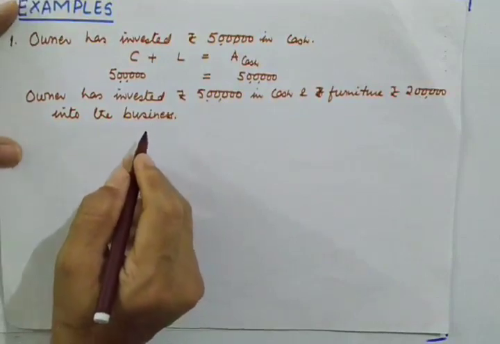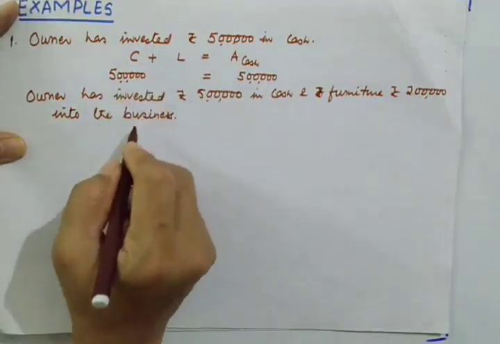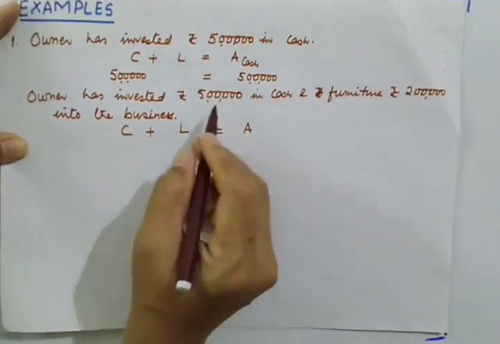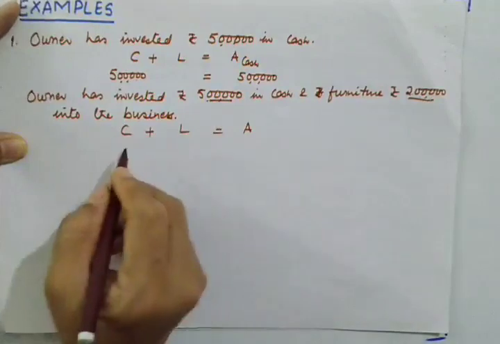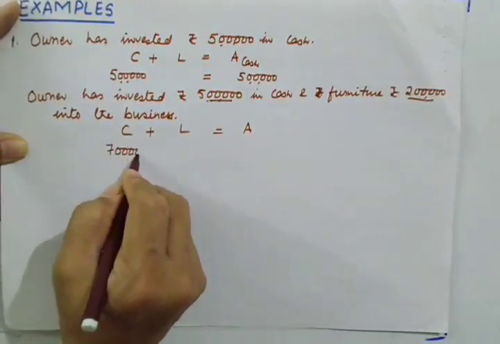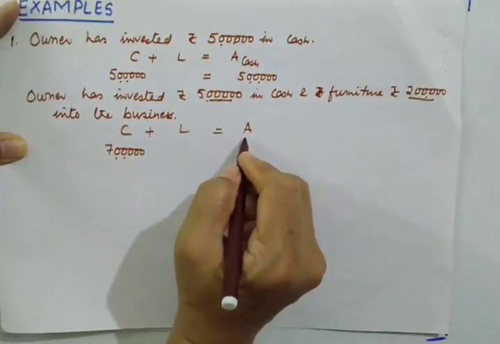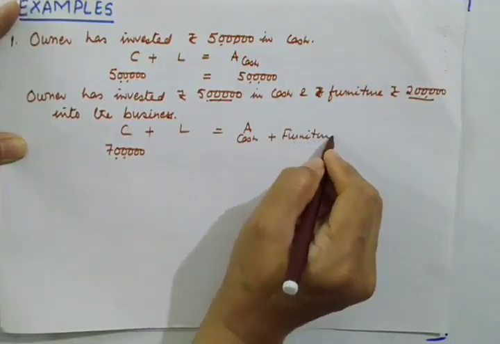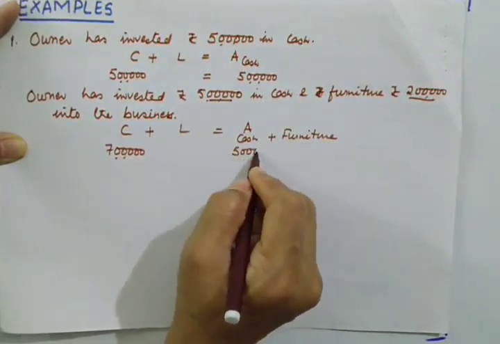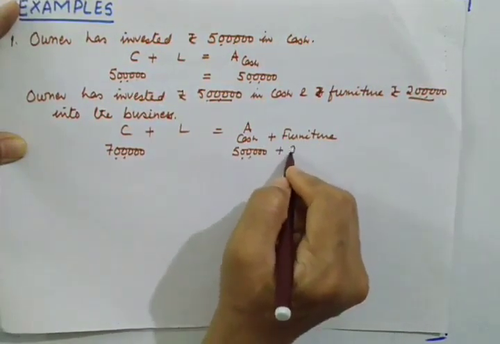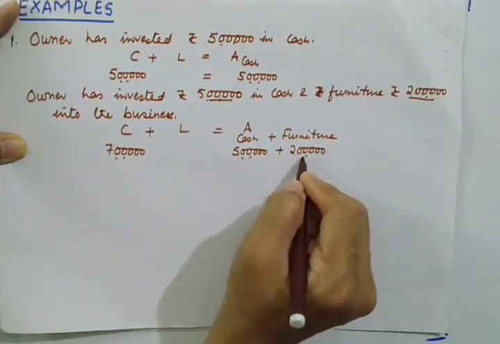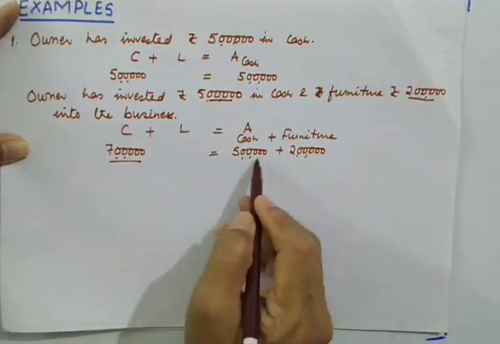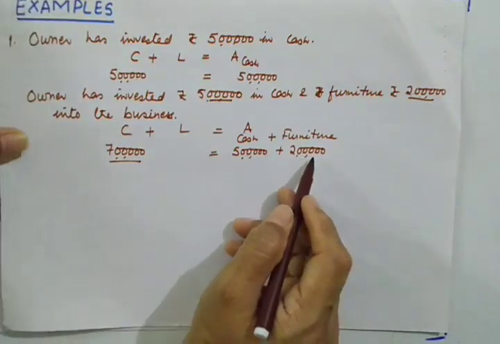How is this going to impact this accounting equation? C plus L is equal to A. Now your C will be 5 plus 2, which is 7 lakhs. And on the asset side, you have cash plus furniture: 5 lakhs cash plus 2 lakhs worth of furniture. Again the equation is equal, 7 lakhs on the left hand side, 7 lakhs on the right hand side.